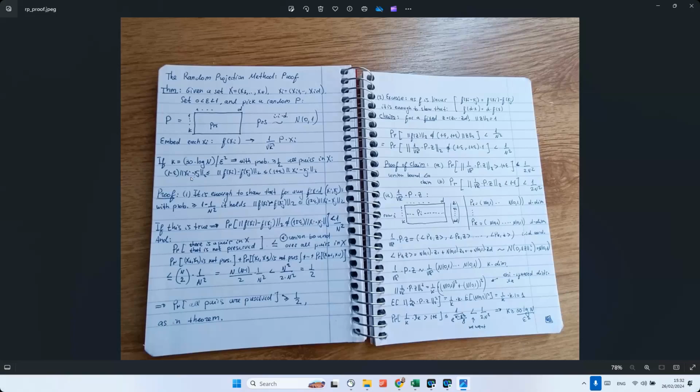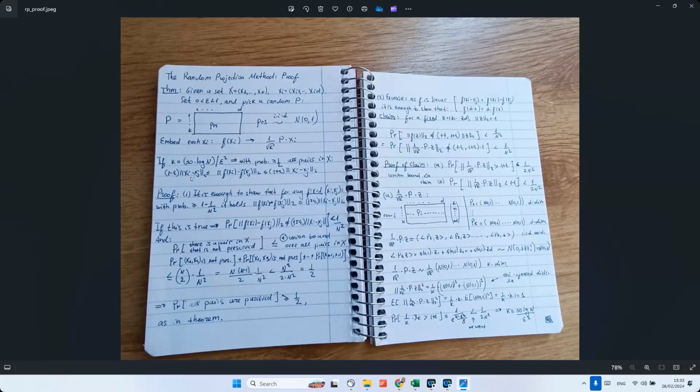So using this 2-stability property of normal distribution, we see that each coordinate in the projected vector is distributed as a normal distribution with 0 mean, and the standard deviation is the norm 2 of vector z to the power of 2. And we picked this vector z to be of norm 1, so it's 1.